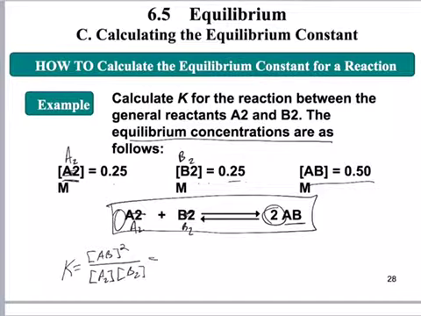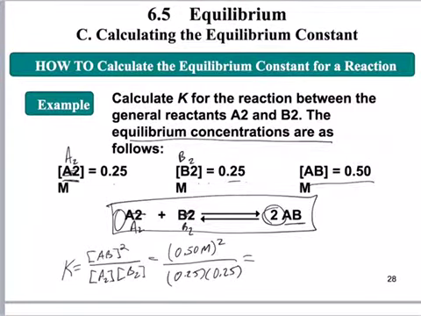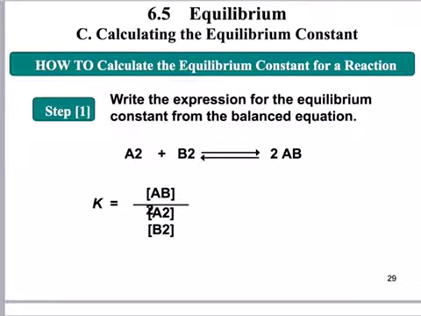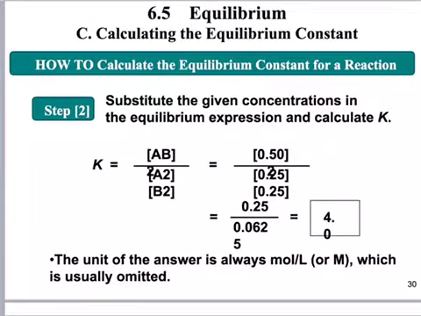So AB is 0.50 molar, and I square that, over 0.25 times 0.25 molar, and that gives me the value 4.